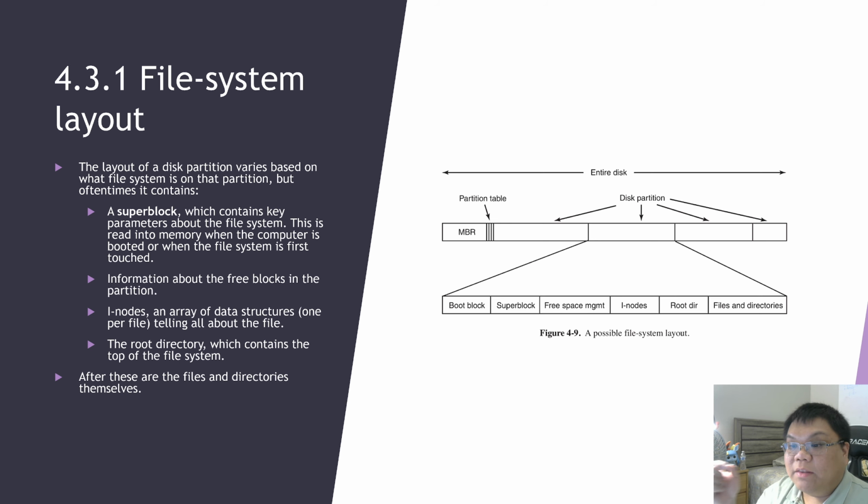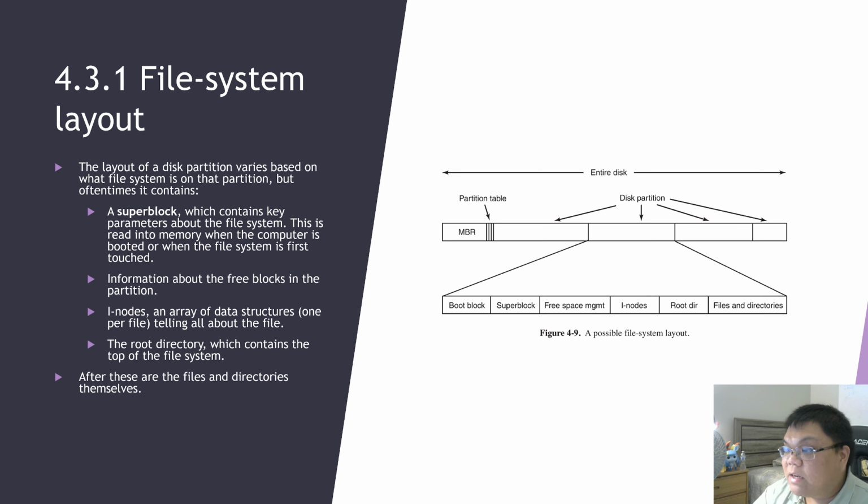And the layout of a partition varies based on what kind of file system is on that partition, but it's often going to contain the following. The first is a superblock that contains key parameters about the file system. When that file system is first read, the superblock is going to be read into memory.